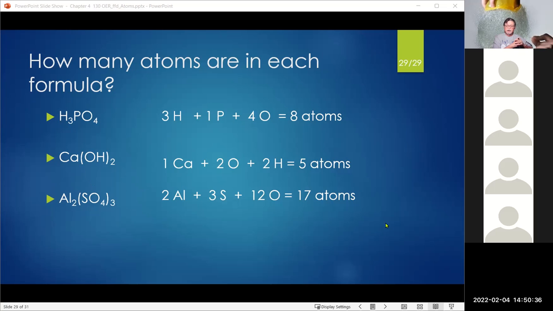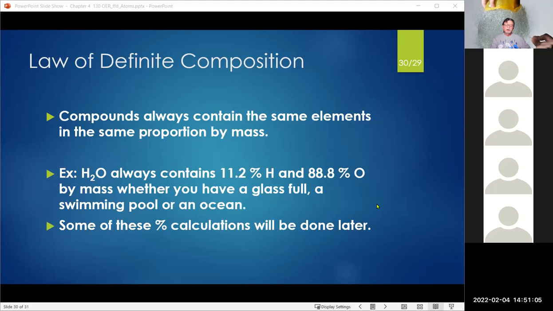But we have 2 oxygens there and 2 hydrogens for a total of 5 atoms. And for the last one, aluminum sulfate, we have 2 aluminums, 3 sulfurs, and 12 oxygens. That is a total of 17 atoms that make up that formula for the compound aluminum sulfate.